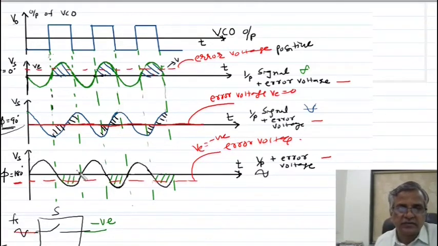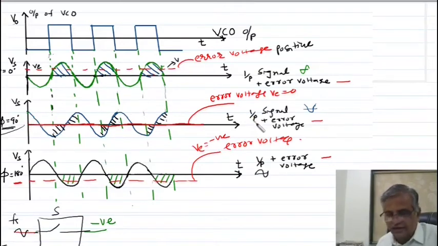This figure shows that phase information for only half of the input waveform is detected and averaged. Therefore, this phase detector is also called a half wave phase detector.